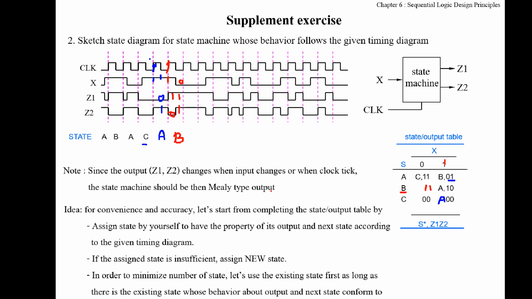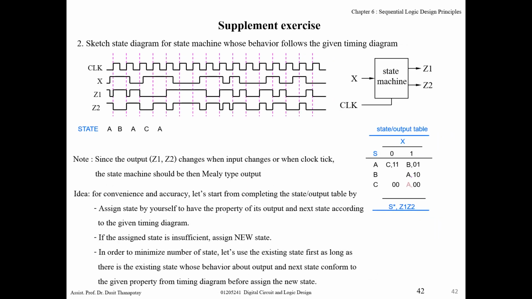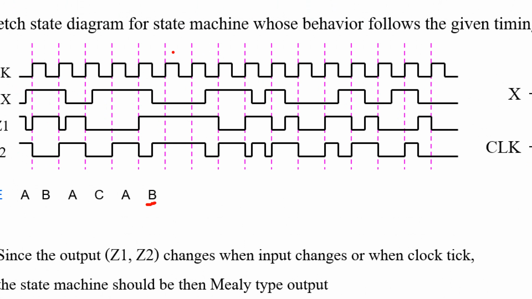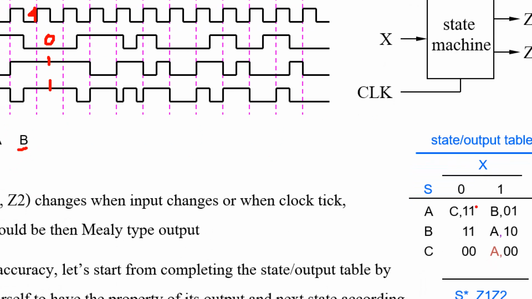So now from now you get this. Go to B is 1, 1 here. Next, at state B, when clock tick, go to the state that when x is 0, output is 1, 1. It may be state A or state B, right?